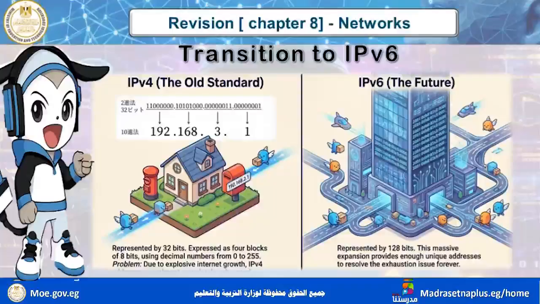The problem here is that due to explosive internet growth, IP version 4 can't serve all the connected PCs at the same time. IP version 6, the future, is represented by 128 bits, and this massive expansion provides enough unique addresses to resolve the exhaustion issue forever.